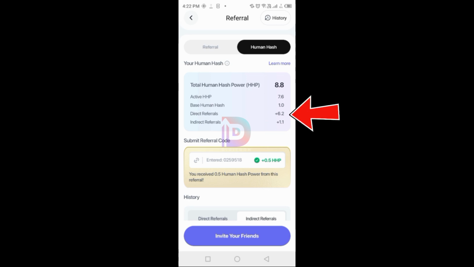You receive 0.2 HHP whenever someone registers using your referral code and completes full KYC verification. Basically, he becomes your direct referral. Additionally, if someone registers and gets fully KYC verified using the referral code of one of your direct referrals, you earn 0.1 HHP. Basically, he becomes your indirect referral.